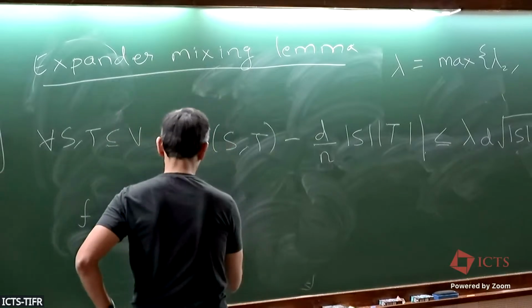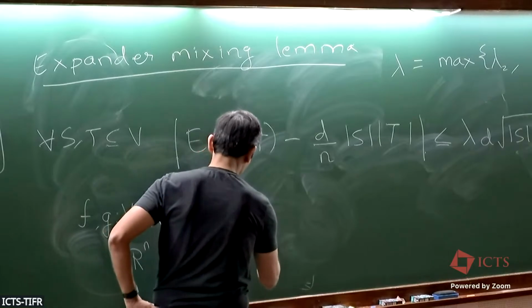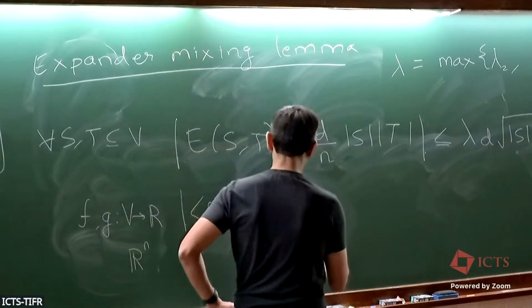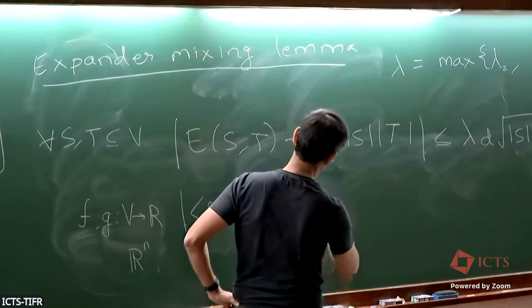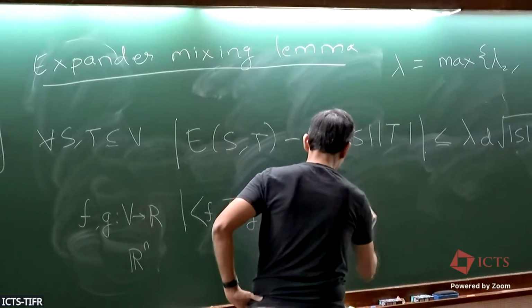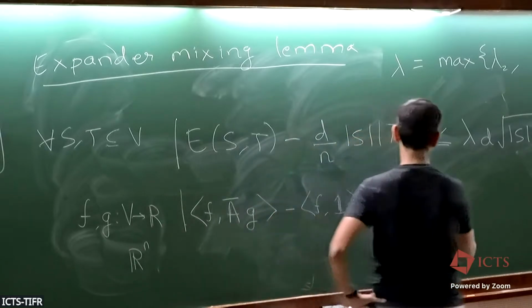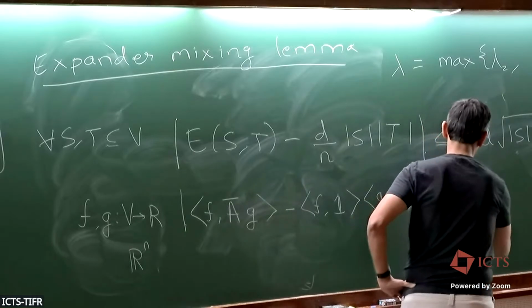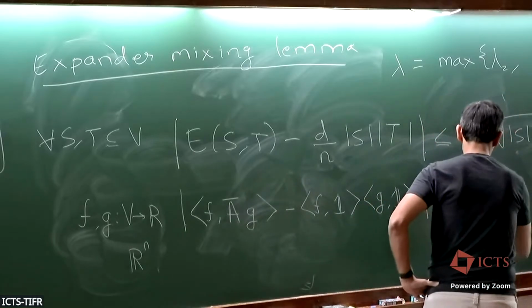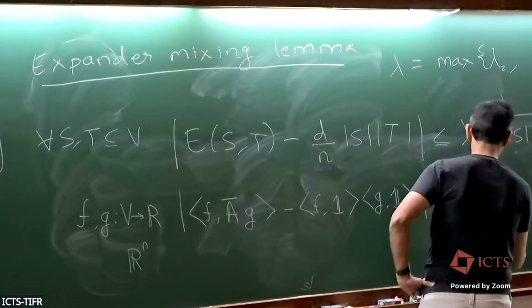Then the quadratic form of f and g, minus the inner product of f with 1 and the inner product of g with 1, is less than or equal to lambda times the L2 norm of f times the norm of g.